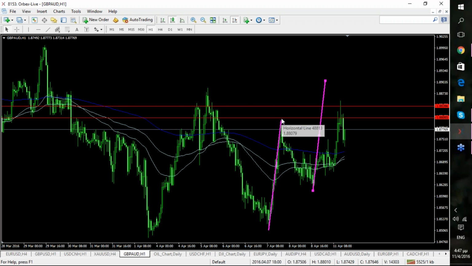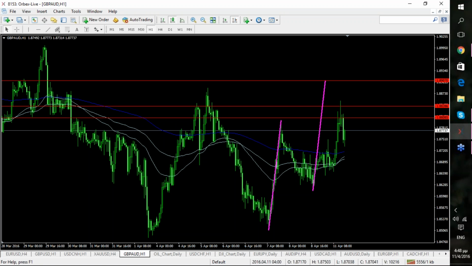But prices, as you can see, have stopped there and came down, but then we're looking at more move for the GBP AUD onto the upside, hopefully, or if at all it reaches this level here, then that is a success for the ABCD pattern to have formed. Okay, so that is basically another potential for the GBP AUD.